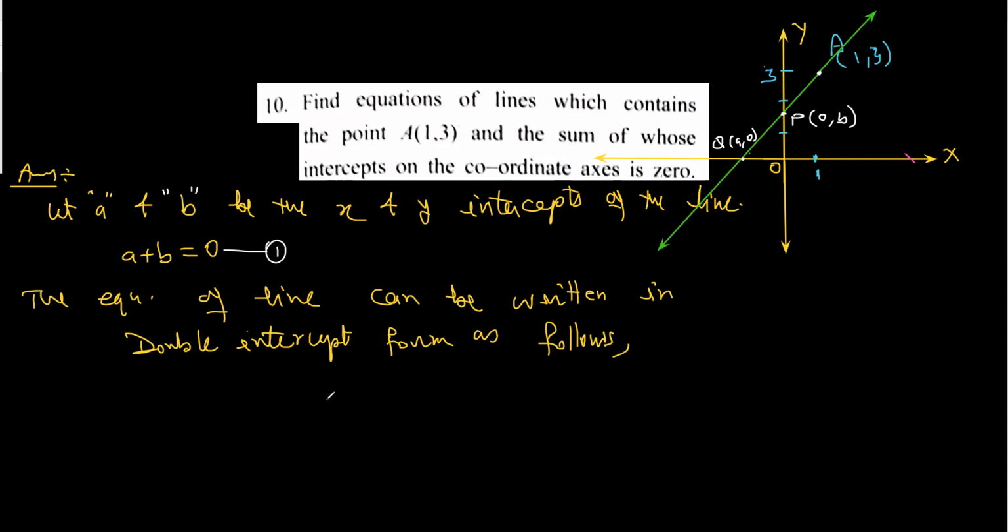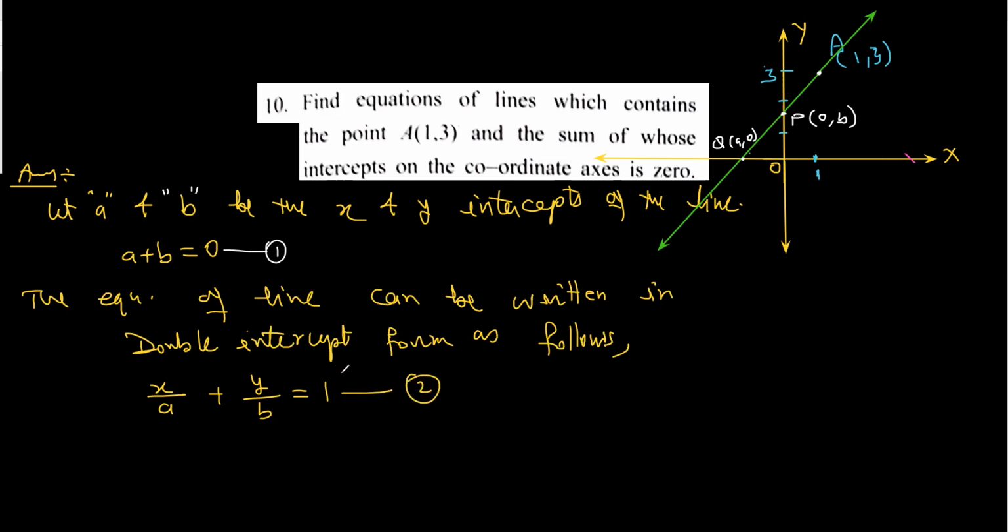See, what will that be? You know, x upon a, if the x-intercept is a, plus y upon b, if the y-intercept is b, is equal to 1. X upon a plus y upon b is equal to 1. Okay. That's it. Now, next, I write this as equation number 2.